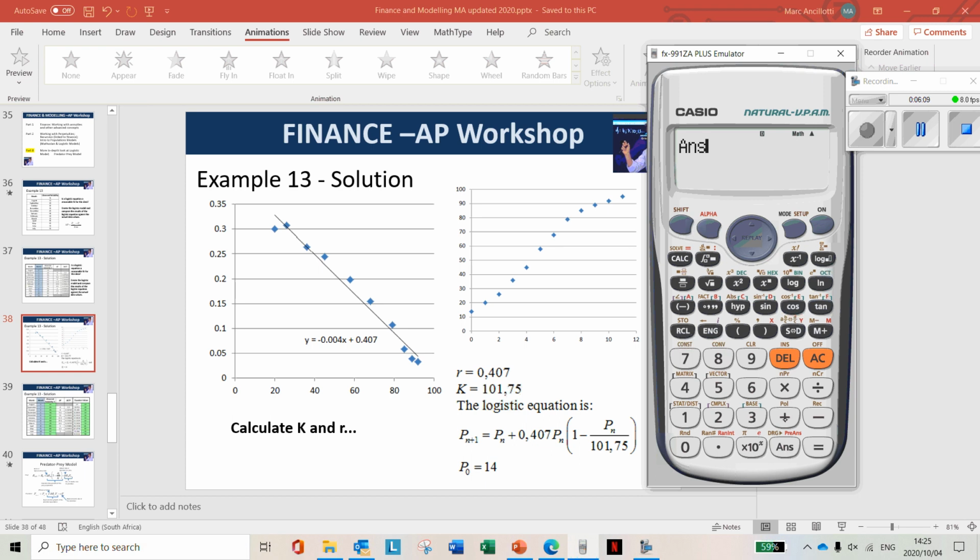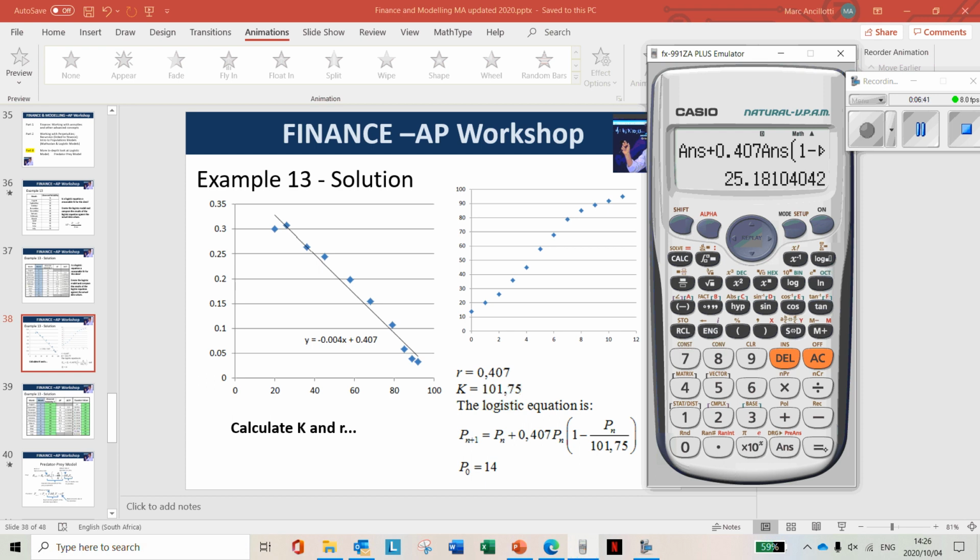So the answer plus 0.407 times the answer, open your bracket, 1 minus, and then fraction, answer, over the carrying capacity, which is 101.75, close it off, and then press answer. This is the first predicted value using my model, and the second predicted value.